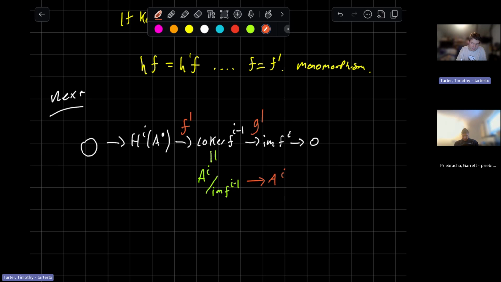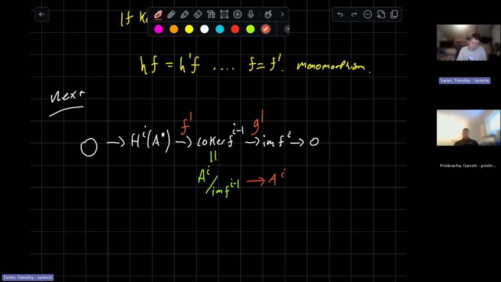And then the image of Fi maps into AI. Let's do a little bit of diagram chasing.